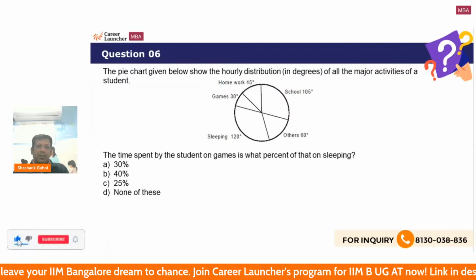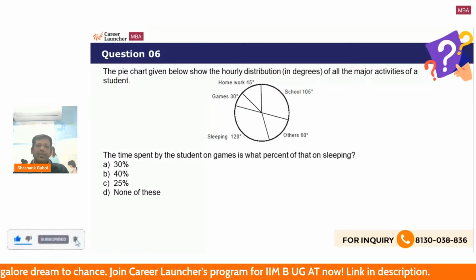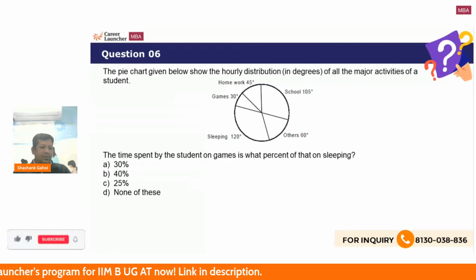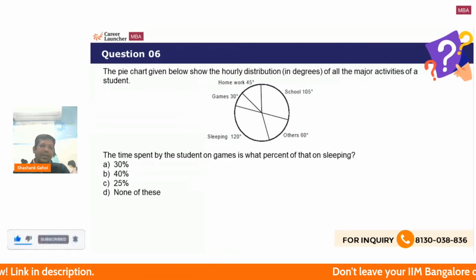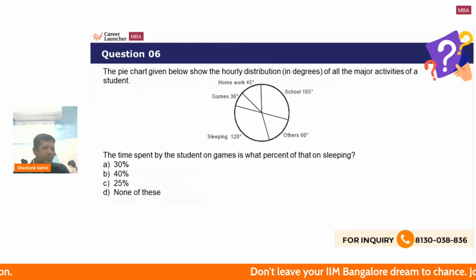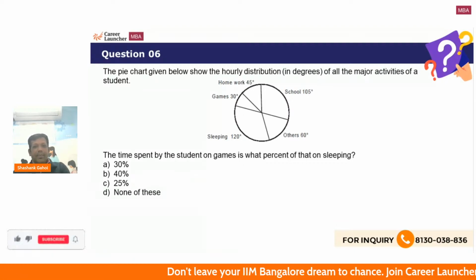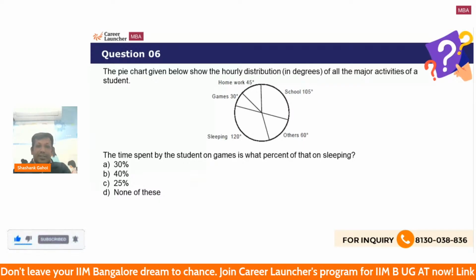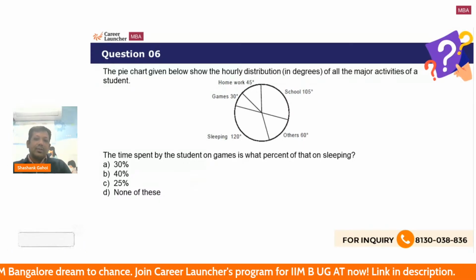The pie chart given below shows the hourly distribution of all the major activities of a student. Okay, and that's what is given to us. But the thing is, the values that are given in the pie chart are not in percentage, they are given in terms of degrees.